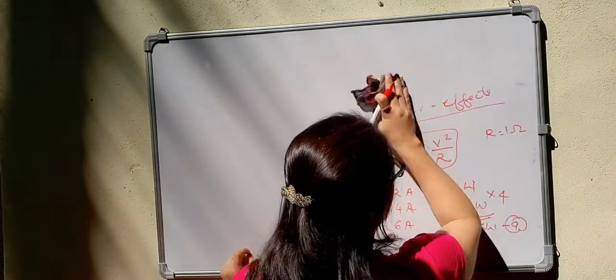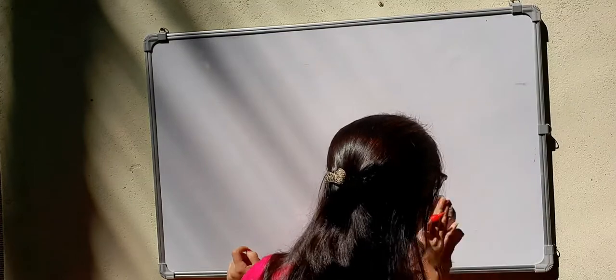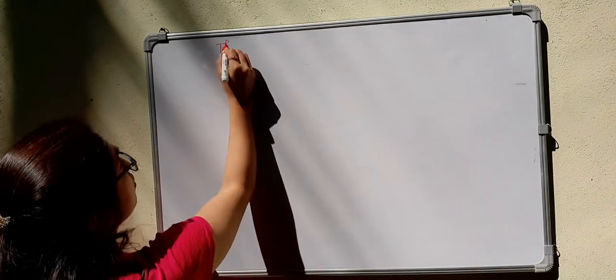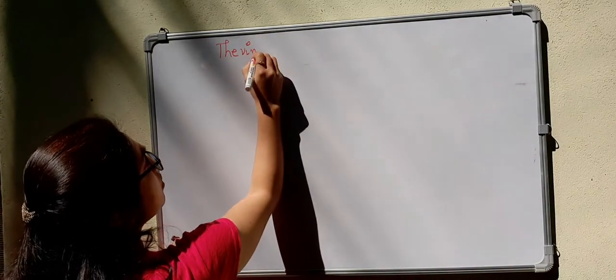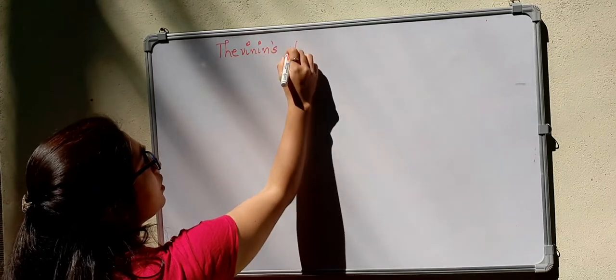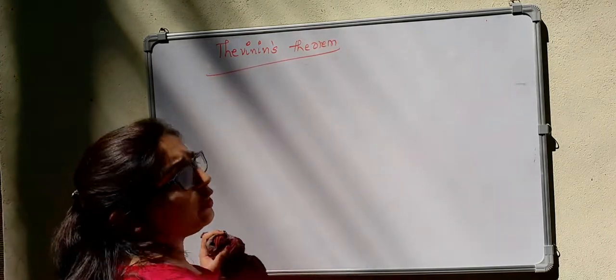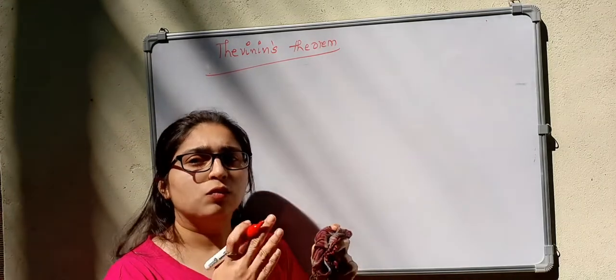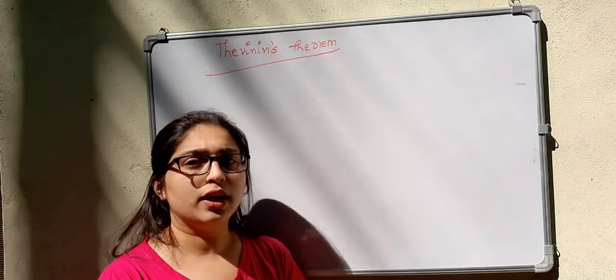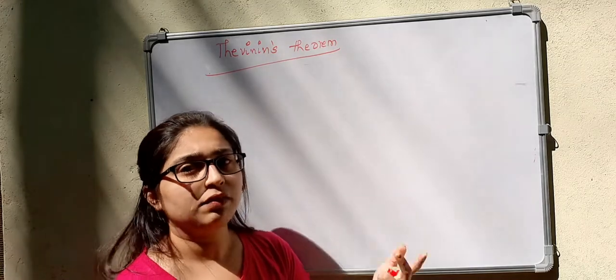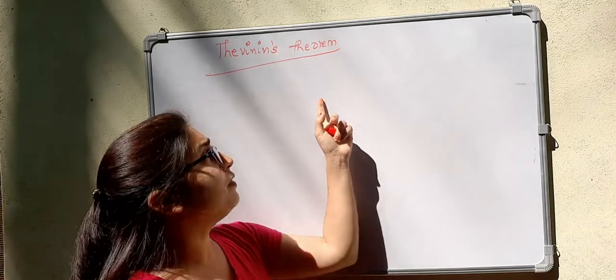Now let us take the Thevenin's theorem. So in this case also, if the network has voltage sources or current sources which are neither in series nor in parallel, then we can also go for this Thevenin's theorem.